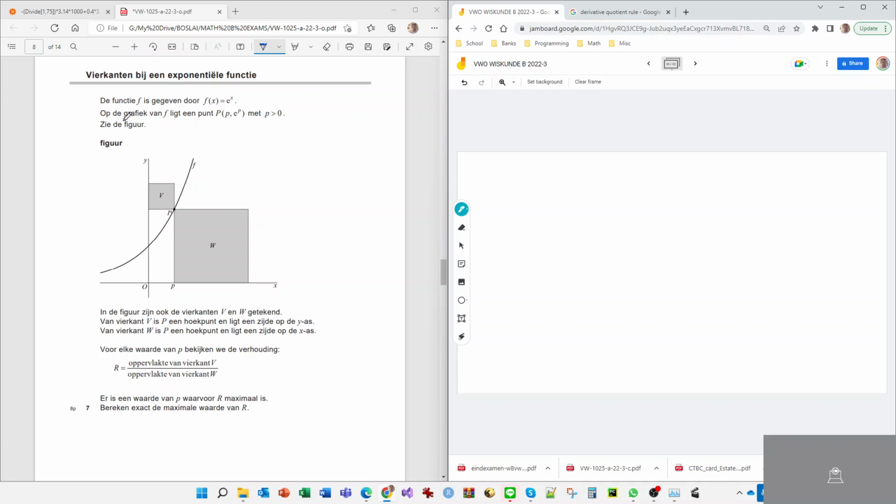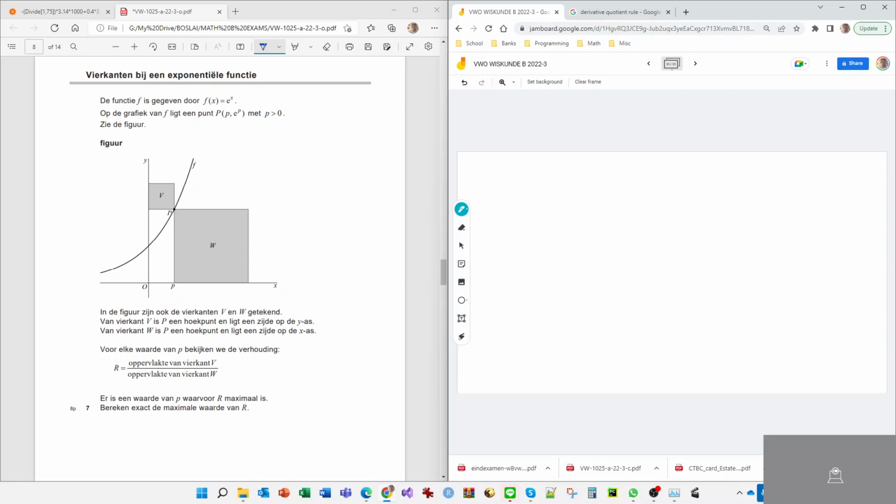Question 7 about squares. So we have a function f given by f of x is e to the power x, and we have a point P here.